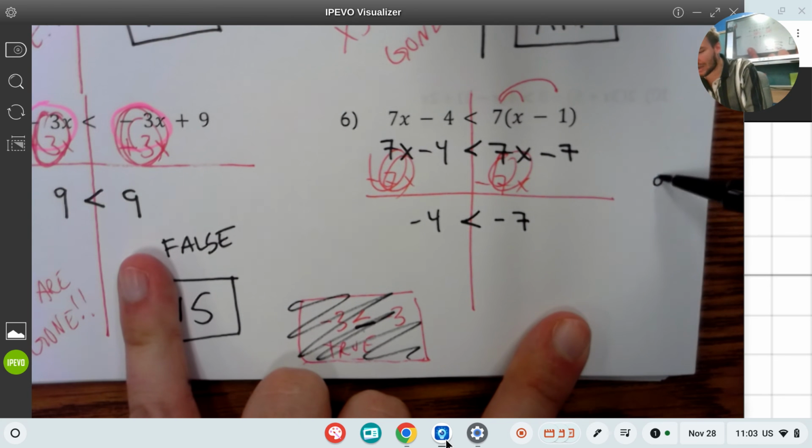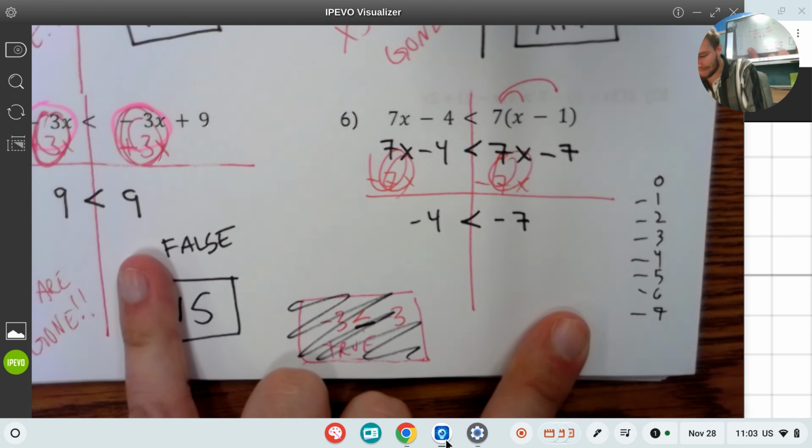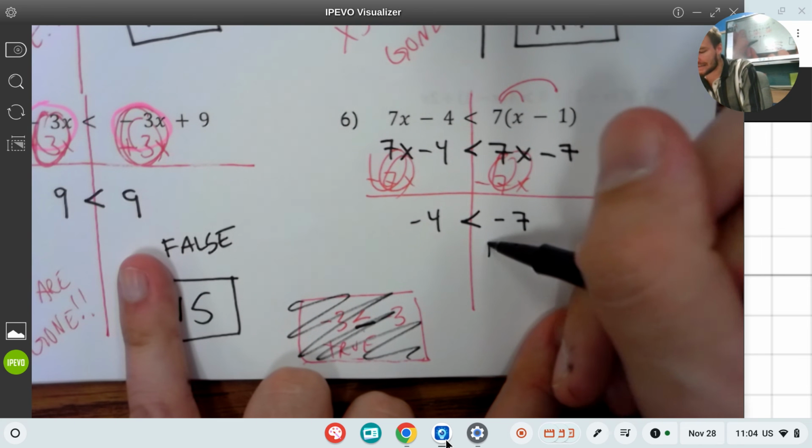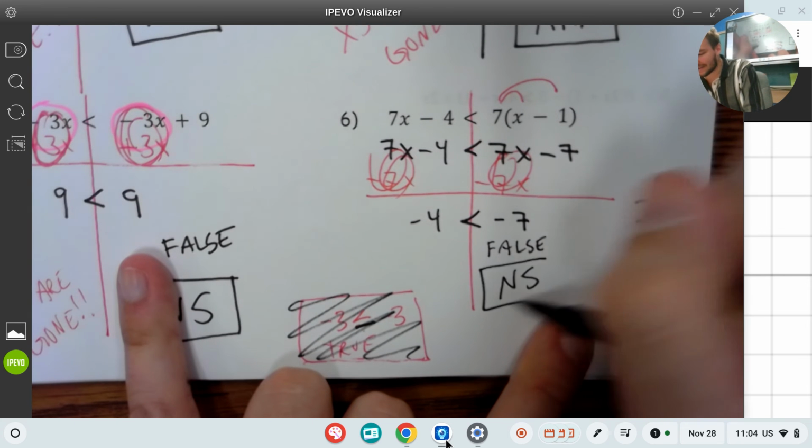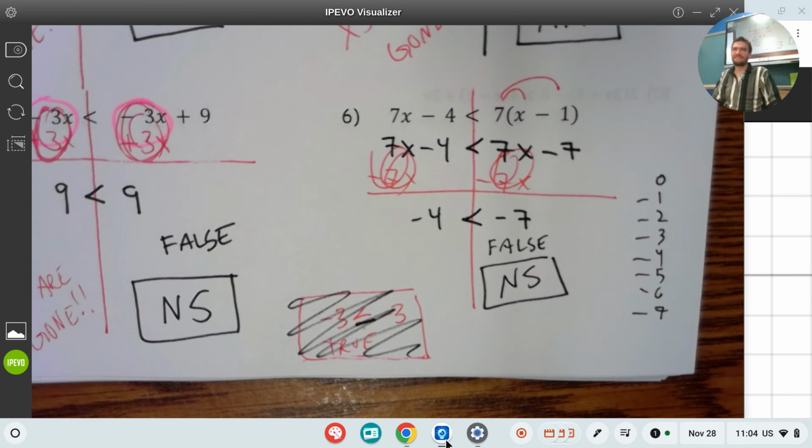So if you set it up like this, here's a little number line. Is -4 less than -7? It is not. This is a false statement. The answer is NS. Keep it on your toes.